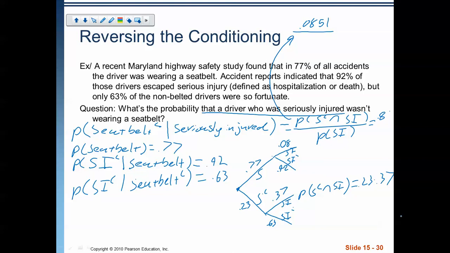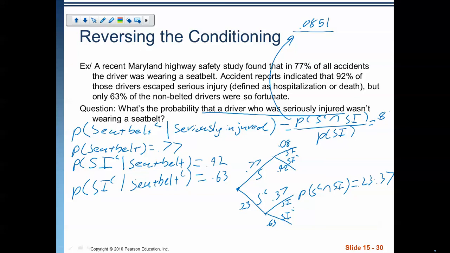Now we need to find what's the probability of being seriously injured. Well, we can look at our tree to find the probability of being seriously injured. What are the two cases up there where we can be seriously injured? With a seatbelt and without a seatbelt, right?